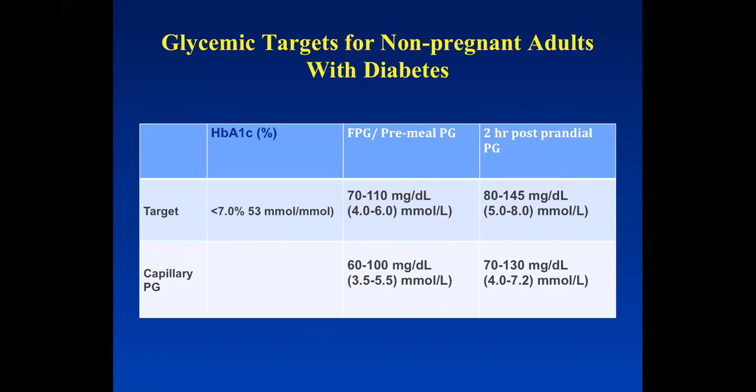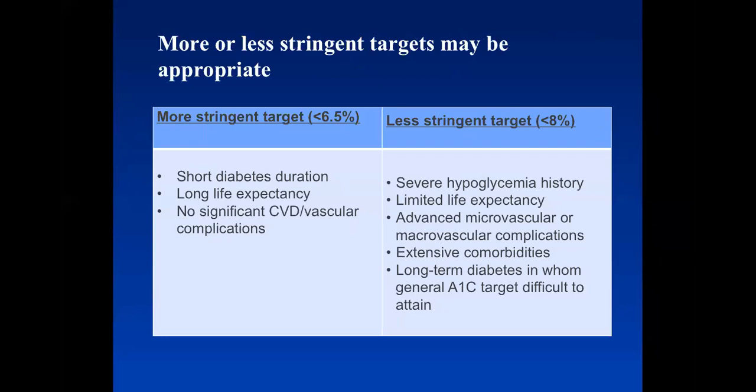So these are the rough targets that you should maintain in a patient with diabetes. But it may vary from patient to patient depending on other comorbidities and complications and treatment complications. So more or less stringent targets may be applied to different patients.